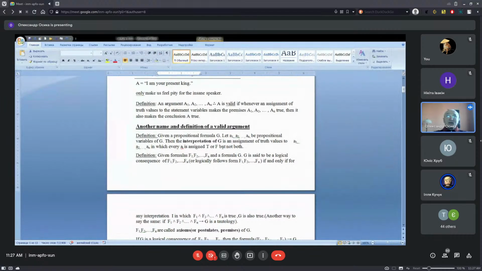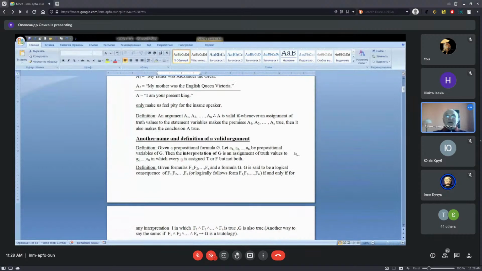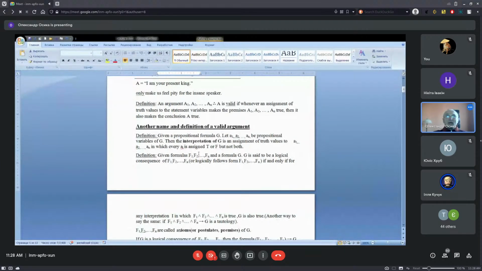So each variable gets one truth value, true or false, in which every A sub i is assigned true or false, but not both. This is an interpretation. This allows us to speak in shorter terms about an assignment of truth values to statement variables, and we will call it the interpretation of the formula.